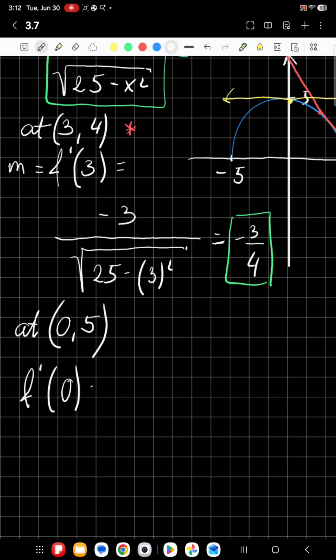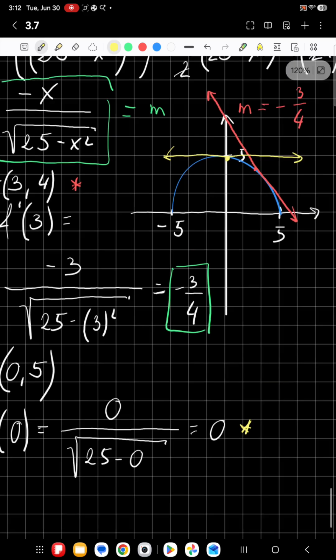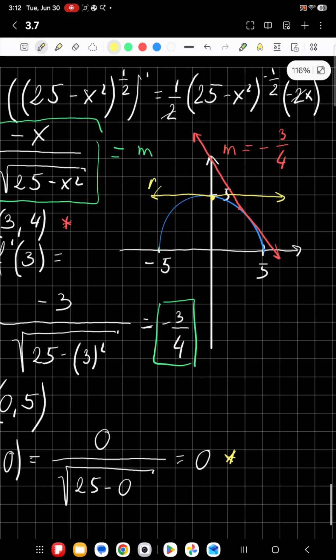I'm just plugging that 0 into that formula for slope. So negative 0 is just 0. And then here, it doesn't really matter what we have here, minus 0. So we get 0 over 5. So that's 0. Okay? So it looks like it worked out. So slope of this line is 0.